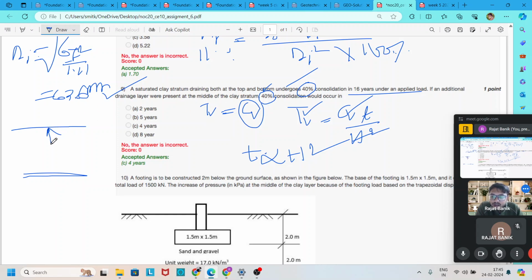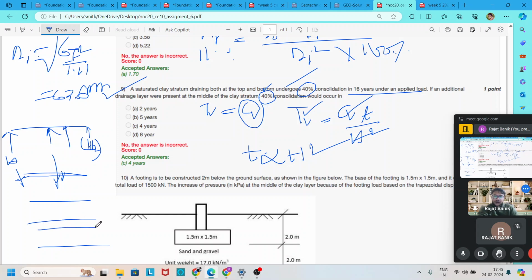Here it is in this direction also, in this direction also. So the thickness of the drainage layer becomes H by 2, half of the thickness of the clay layer. But in the second condition, we put one drainage layer in between the clay layer.